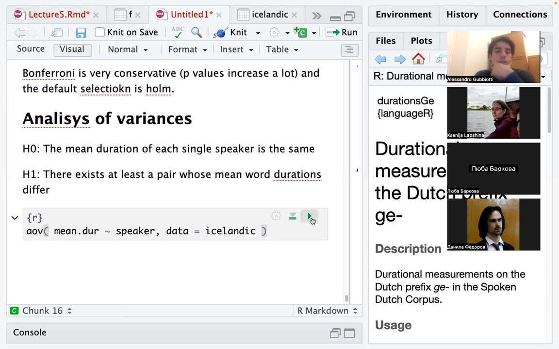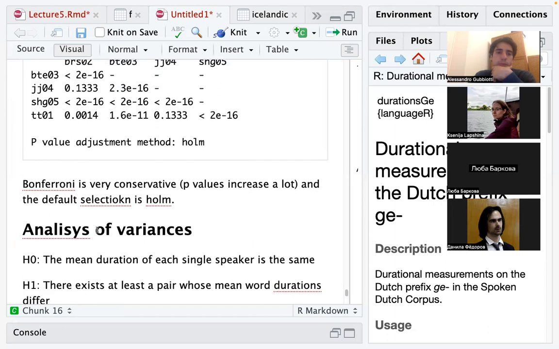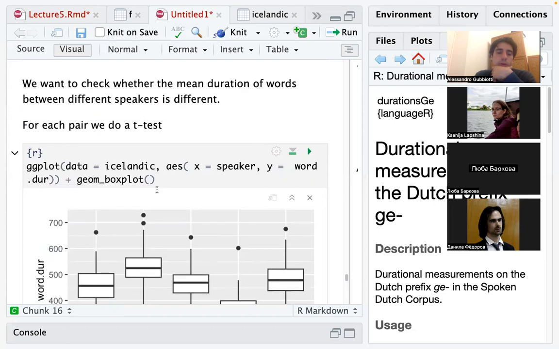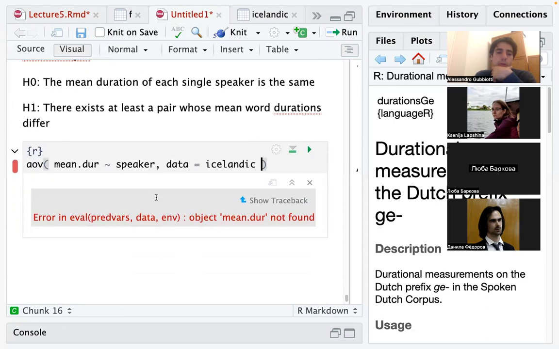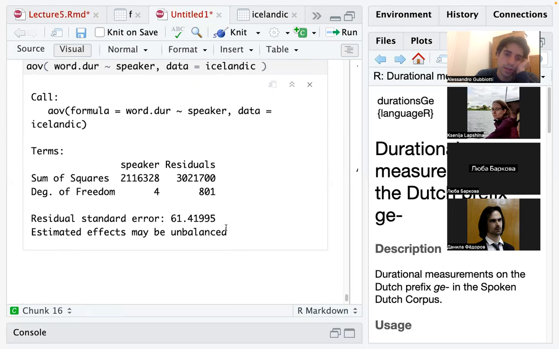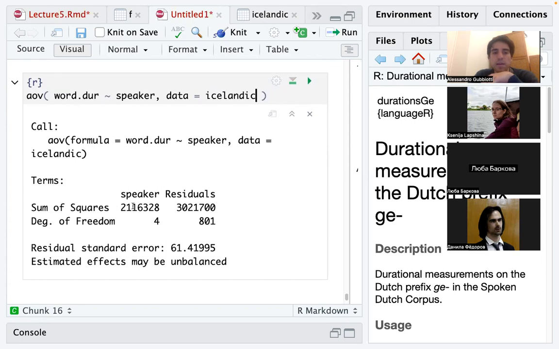And this gives us a test, so it has its statistic.